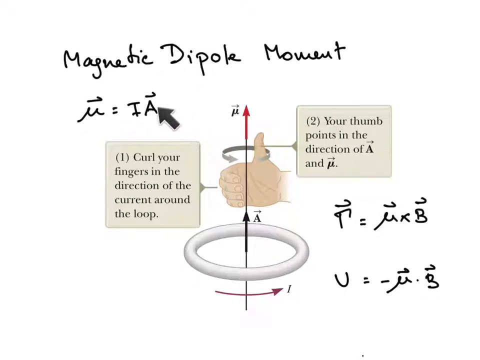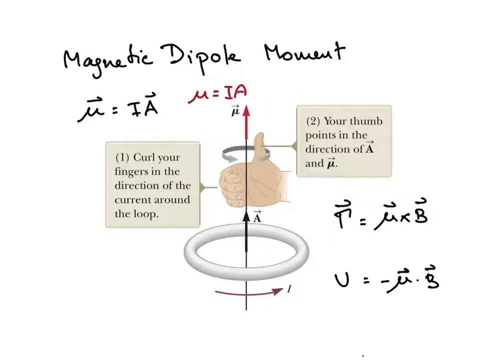So you can see that the magnetic dipole moment will point in the same direction as A. You can use the right hand rule to find the direction of mu, and the magnitude of mu is equal to IA.